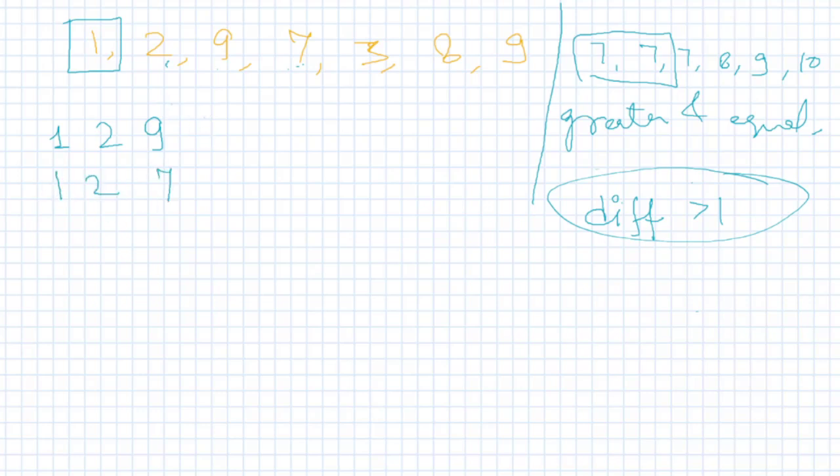So one of the increasing subsequences could be this. Now again, 3. Is 3 greater than 9? No. Is 3 greater than 7? No. This could be a third sequence. Coming to 8. Is 8 greater than 9? No. It won't be a part of this. Is 8 greater than 7? Yes. It could be a part of this as well as this. Talking about 9, it's not possible.